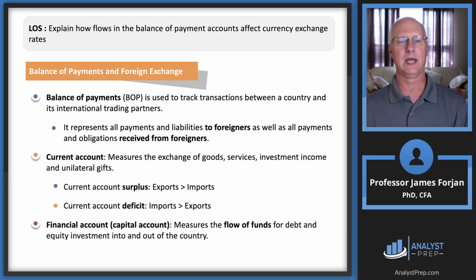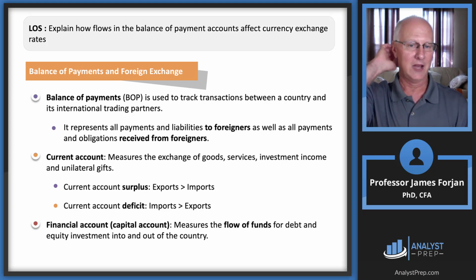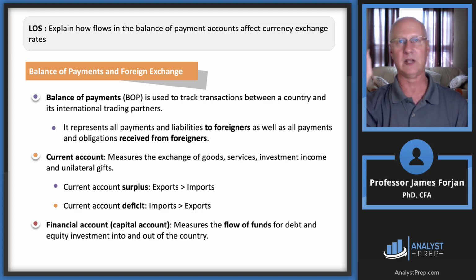And then the capital account, that's how I learned it, but the reading also uses the term financial account. This measures the flow of funds for debt and equity investment into and out of a country. And so if one country has a current account surplus because exports are going out more than imports are coming in, then it has to have a capital account deficit.